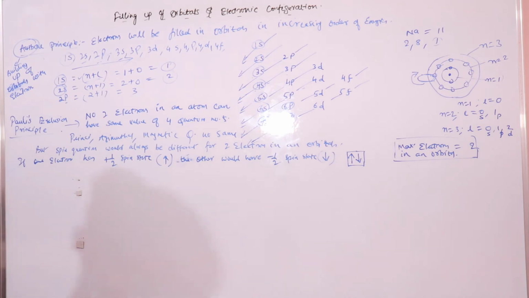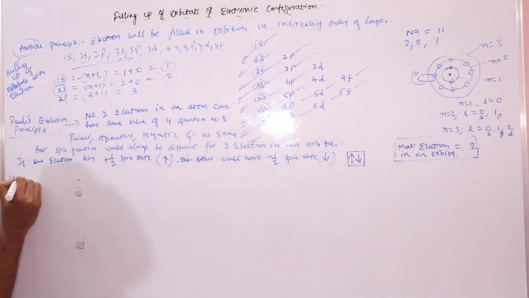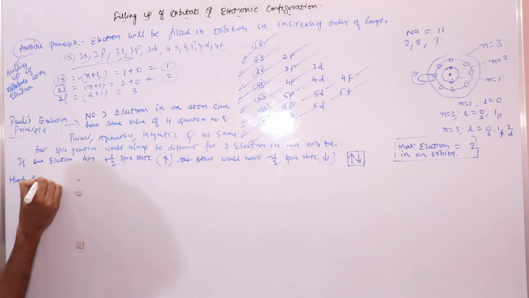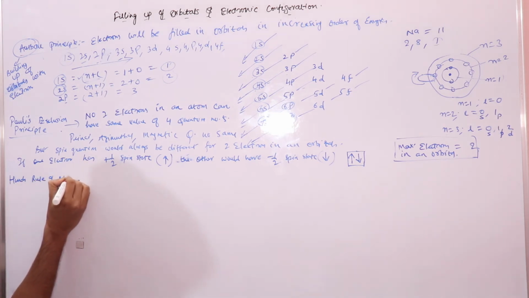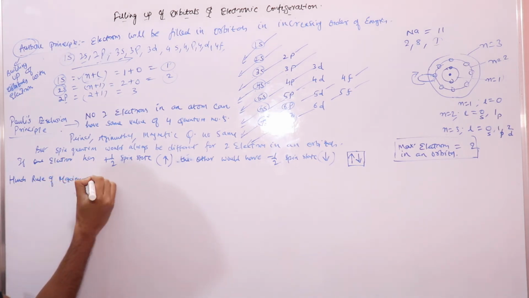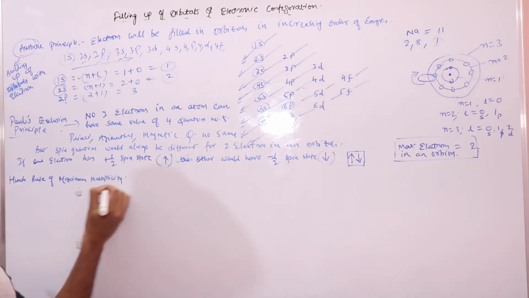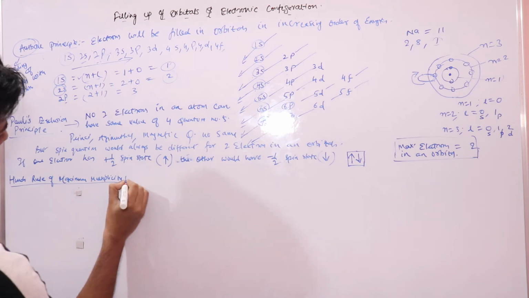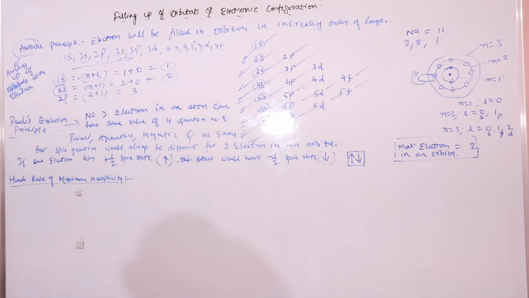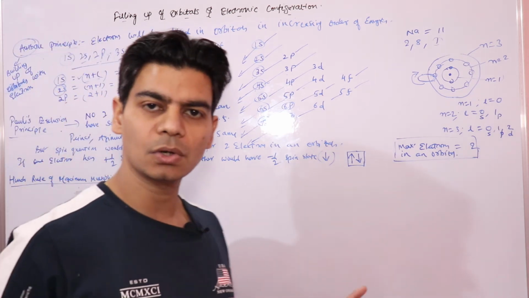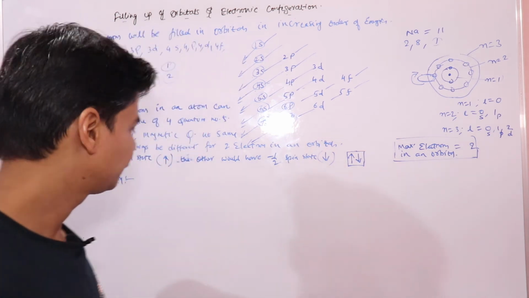Now there is third important rule, which is your Hund's rule of maximum multiplicity. As per Hund's rule of maximum multiplicity, this applies to the orbitals of same subshell, right?